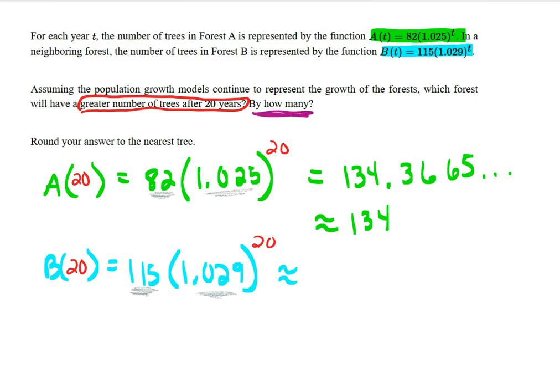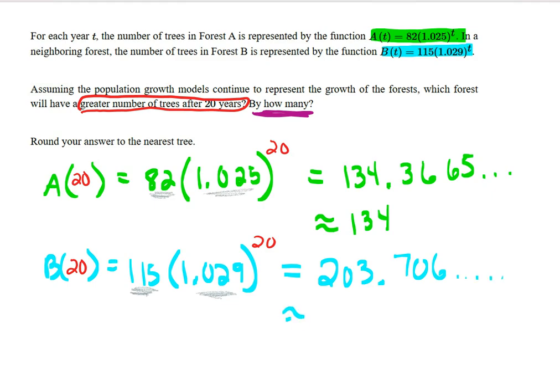But I do have to calculate this so that I can answer the second question, which is by how many. So take 115 times the 1.029 raised to the 20th power. Sorry, that should be an equal sign. And I get equal to 203.706, and it goes on after that.